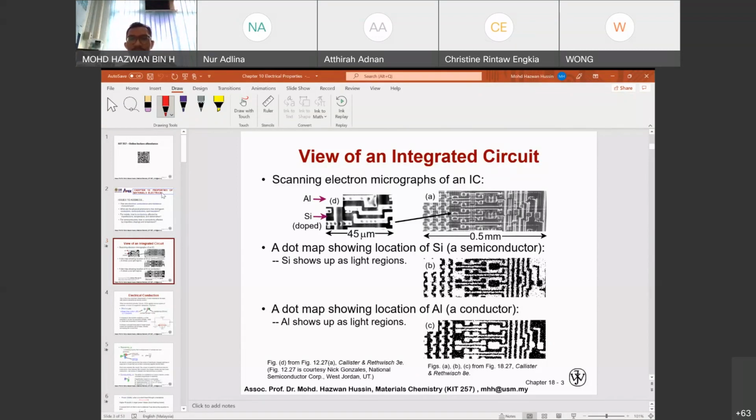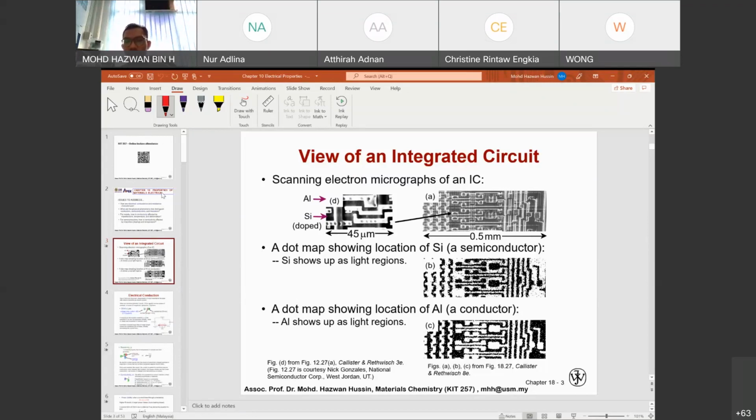So how incredible is this storage of the integrated circuit. Otherwise, back in the 50s, back in the 60s, we wouldn't have this kind of thing. And if you wanted to store information, you would have to store it in bulky, bigger materials. So a dot map showing the location of silicon, a semiconductor, and a dot map showing the location of aluminium as a conductor.